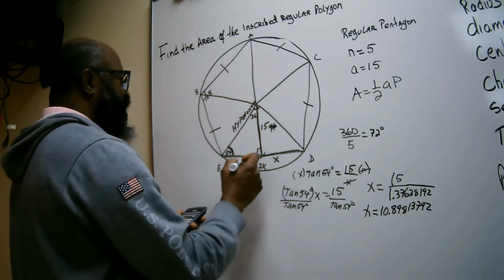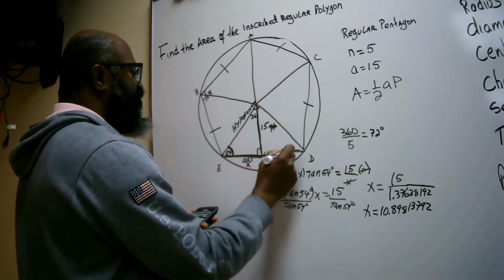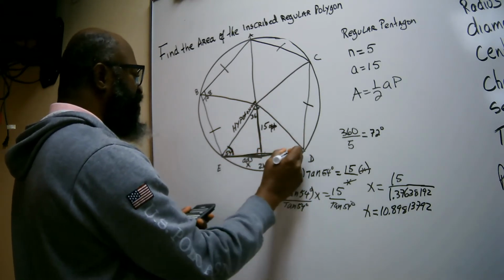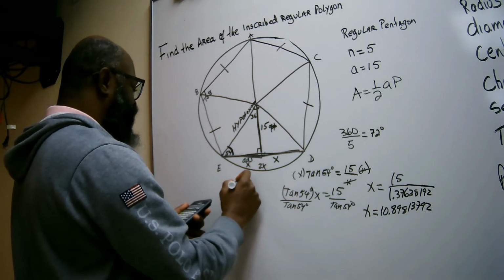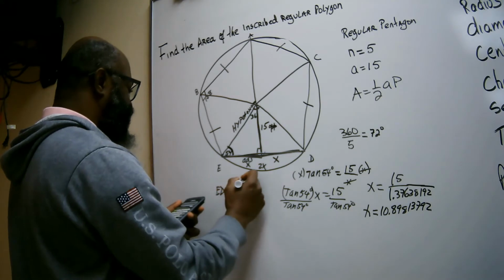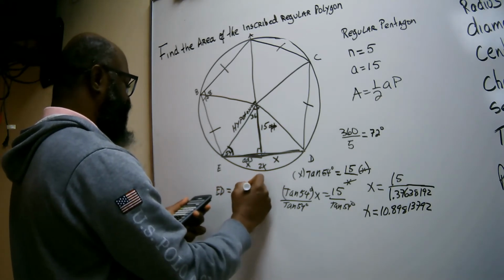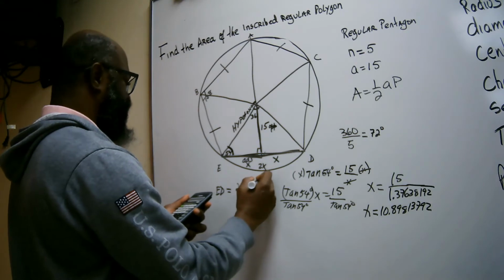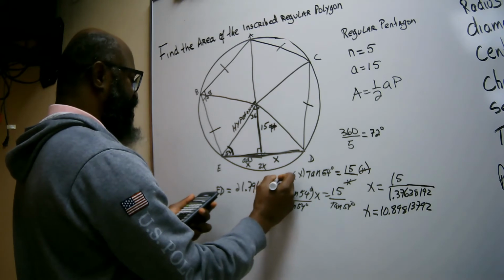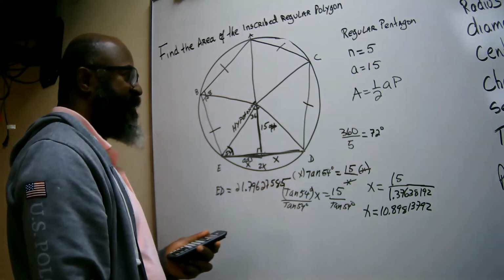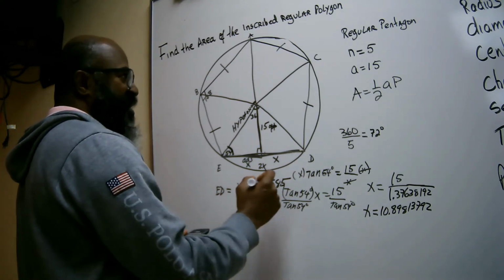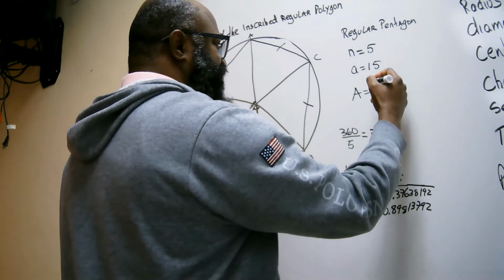In this case, each side of the triangle, the base, is going to give you 21.79627585, meaning from E to D. Since I know what this S is, this is S, we find the side.